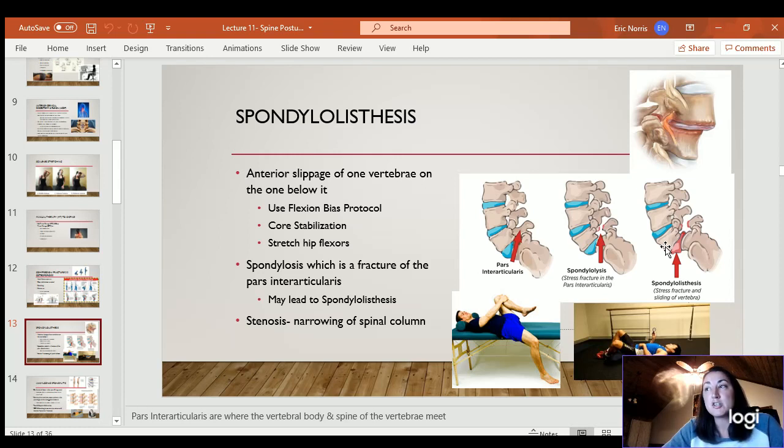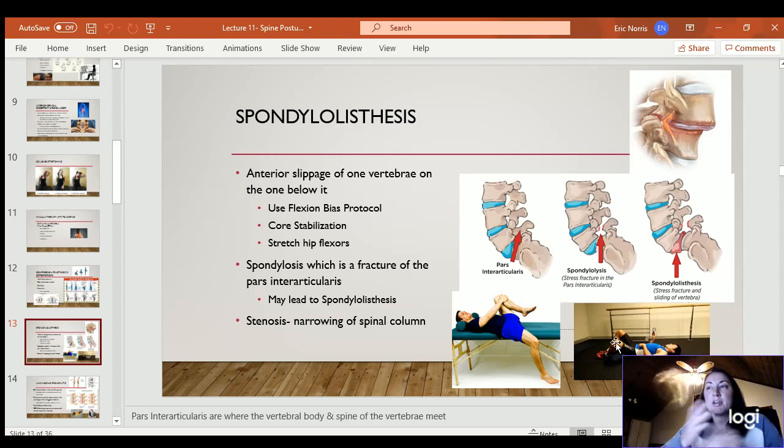So using the flexion bias protocol, strengthening in kind of a neutral or a somewhat flexed position, and again, strengthening the core stabilizers. He is doing one of the progressions of a transverse abdominis strengthening, so tightening that transverse abdominis and eventually doing what we call a knee fallout, where the knee goes very slowly to the side, and if you start to notice your hip falling to the side with it at all, your ASIS, then your transverse abdominis is not stabilizing, so come slowly back up.